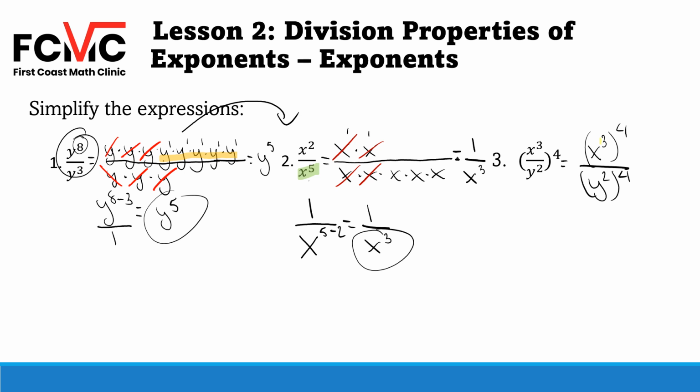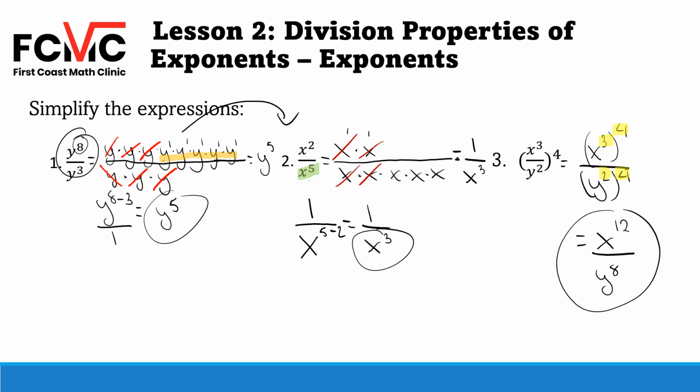So if I have a power to a power, I can multiply these exponents. So this answer is going to be x to the 12th over y to the 8th. At this step, our bases are different, x over y, so we can't simplify this any further. So this is going to be our answer for number 3.